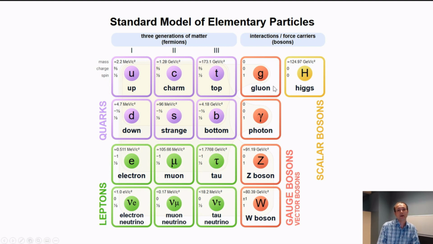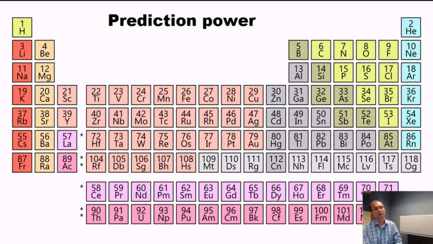We pretty much feel more or less confident with this model at the moment because it has predictive power. And this table of particles reminded me of the periodic table of elements that was discovered a long time ago by the scientist Mendeleev. And he actually imagined this table in his dream while sleeping.